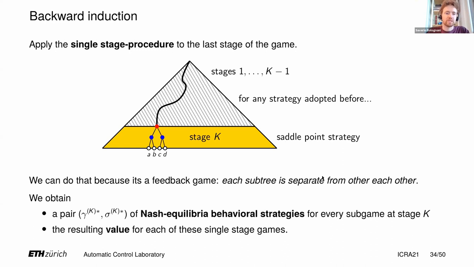So what is the backward induction procedure that I promised in the previous slide? Well, imagine that you have a game with capital K stages, and it's a feedback game.